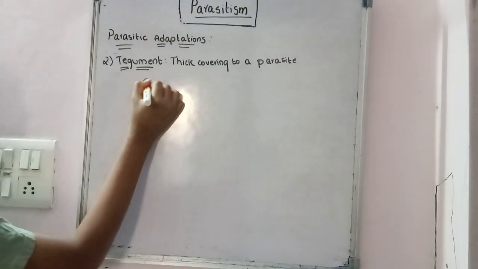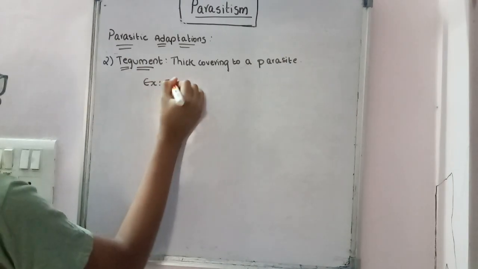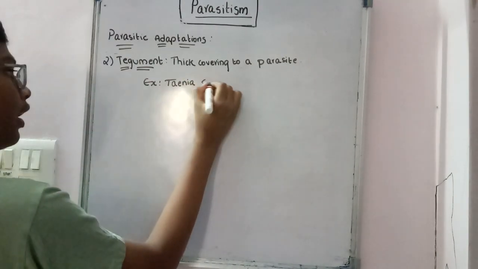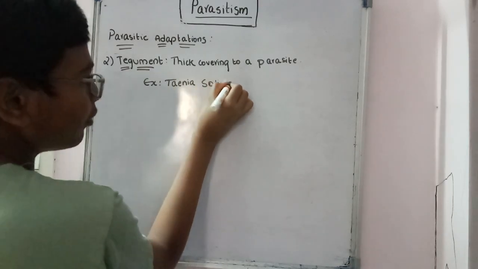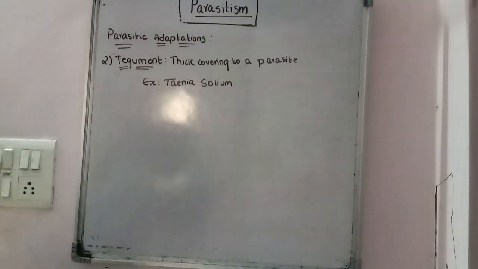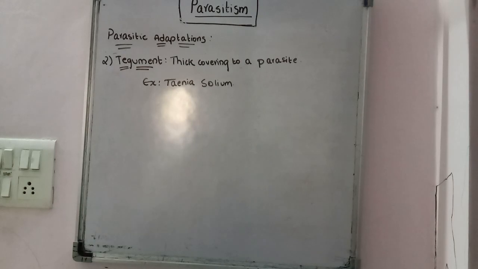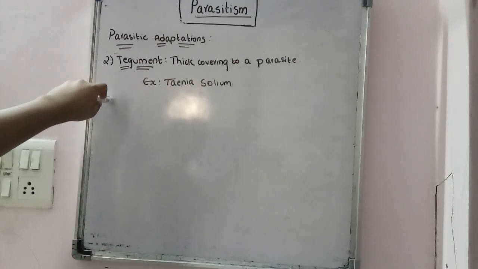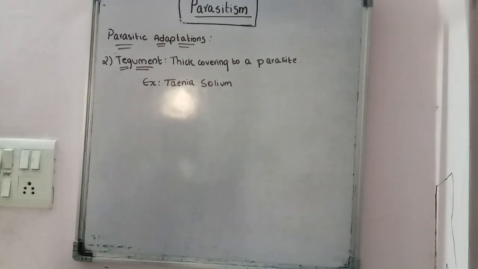Here also you can take the example of Taenia solium. It lives in the alimentary canal, where it is exposed to digestive enzymes. So this Taenia solium will be present in the alimentary canal of a human being.